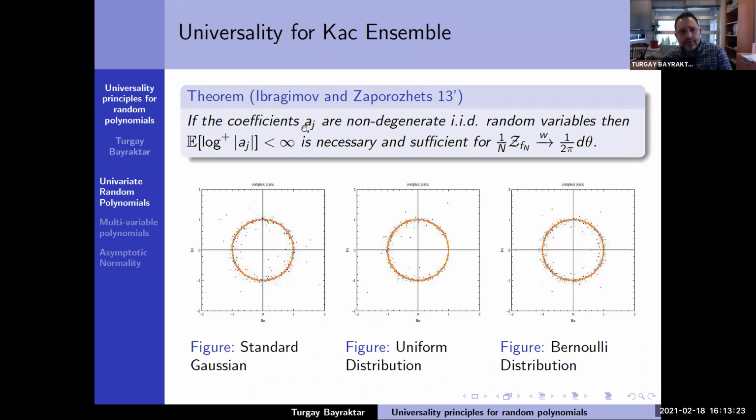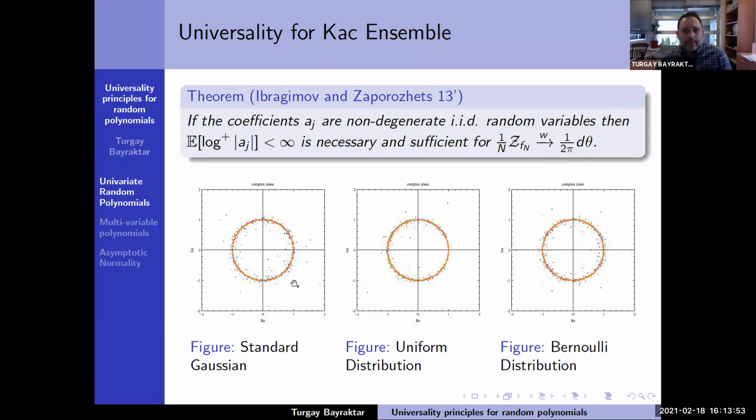What it says is that if the coefficients a_j are non-degenerate, so basically non-constant, IID random variables with finite logarithmic moment, then, in fact, this is a necessary and sufficient condition for the zeros to converge to the normalized arc length measure almost surely. So for almost every sequence of random polynomials, you have the same sort of convergence.